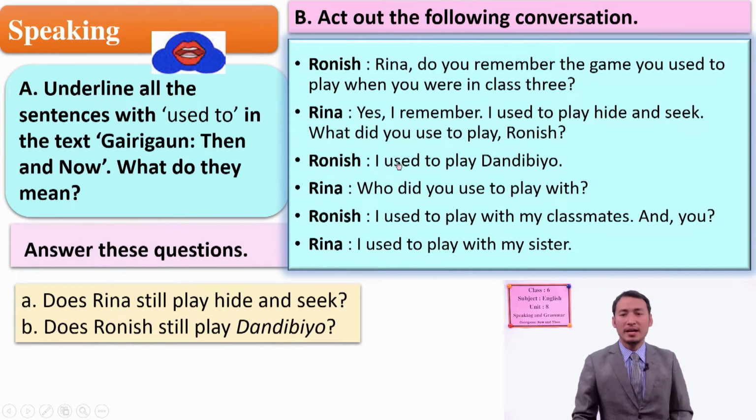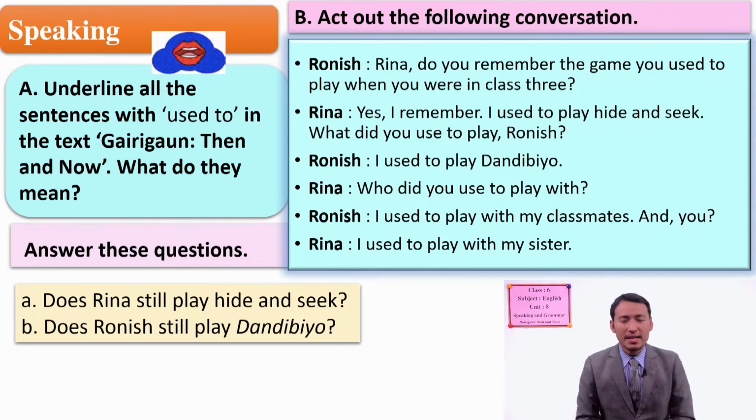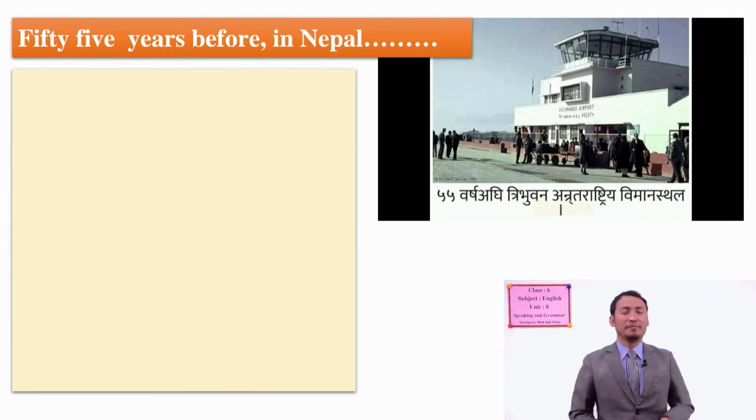Look here. I used to play Dundee. It means he played in the past, not right now. So you can say that Ronis does not play Dundee now. He used to play Dundee in the past. Okay, students? Now, do you understand the meaning? Yes, that's very great. Now we will see another task. Okay, let's talk about some facts from Nepal.